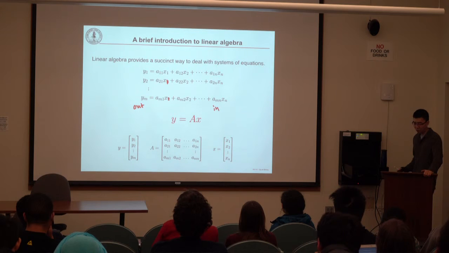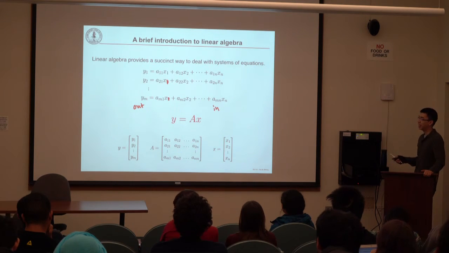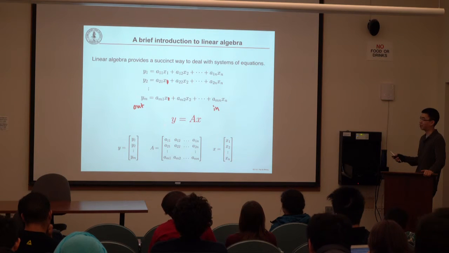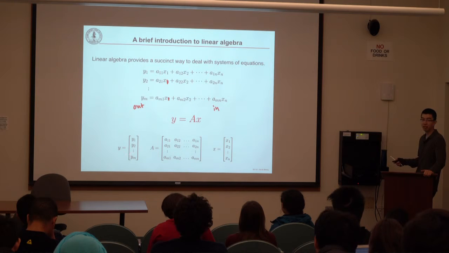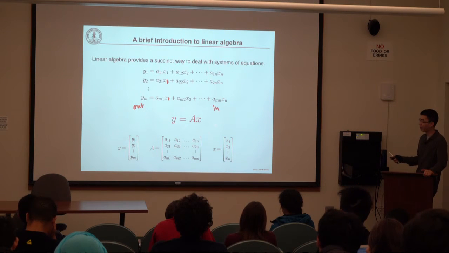And so the way that we can succinctly write these M equations is as a matrix equation, y equals Ax, where the y's are the concatenation of all of our outputs, and the x's are the concatenation of all of our inputs. The way that A times x works is that we're basically performing many dot products.